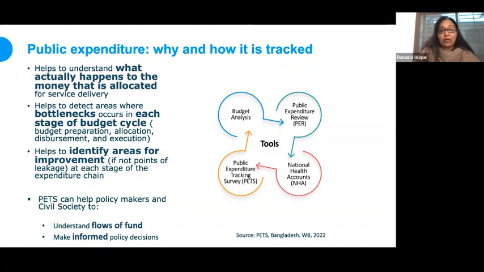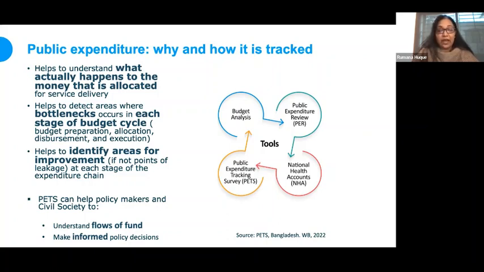So PETs can really help the policymakers and civil society with budget analysis, even for planning for the future. You can see on the right-hand side there are different tools: the PETs, national health accounts, public expenditure review. All of these help the budget analysis, but from different lenses.